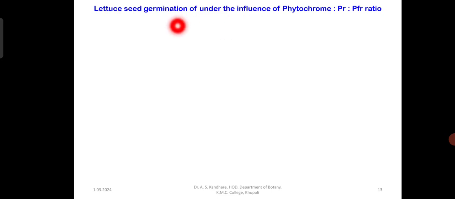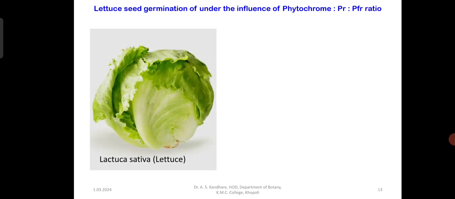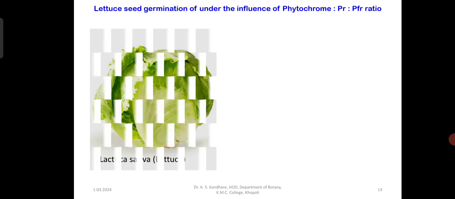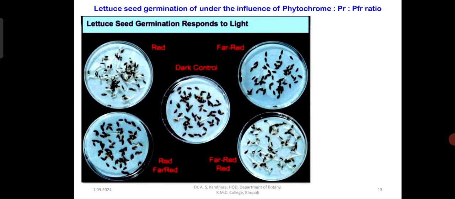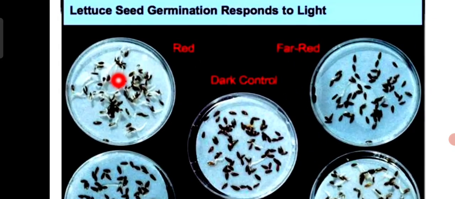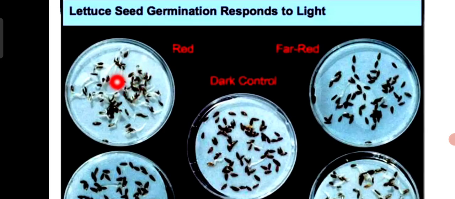So you know that lettuce seed germination we have just seen under the influence of the phytochrome red and far red ratio. So this is lettuce, Lactuca sativa. So this is the plant whose seed germination we have seen. So here you can see when the seeds are given red irradiation, there is maximum seed germination.